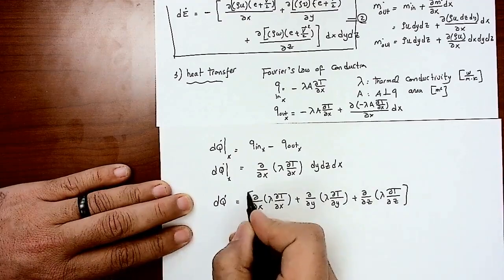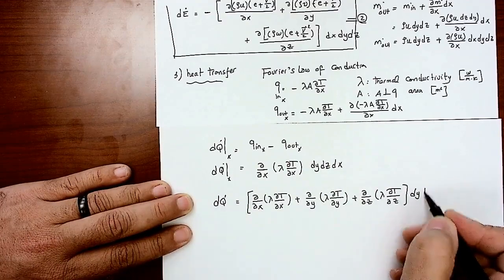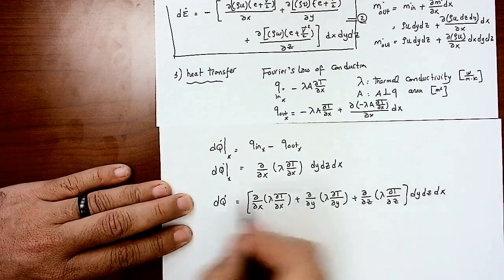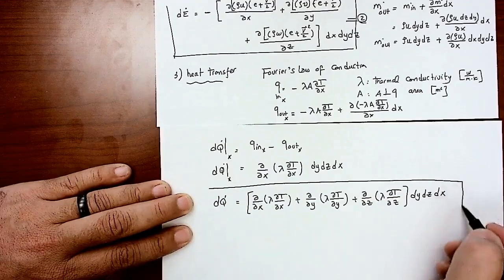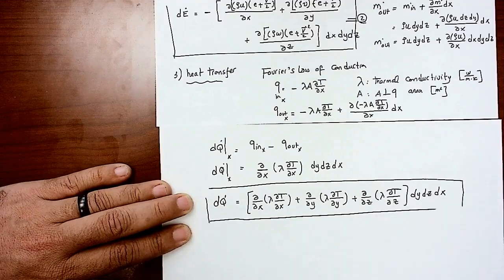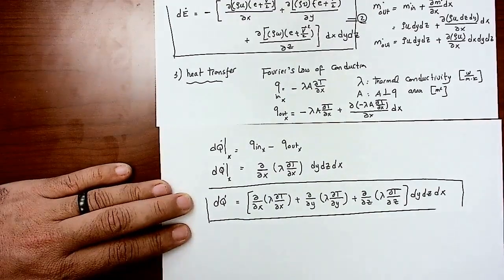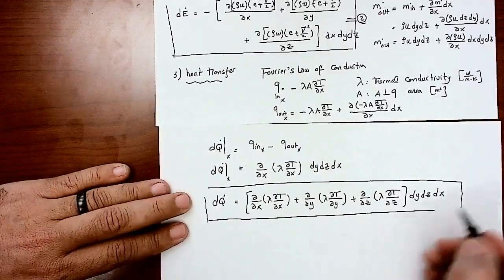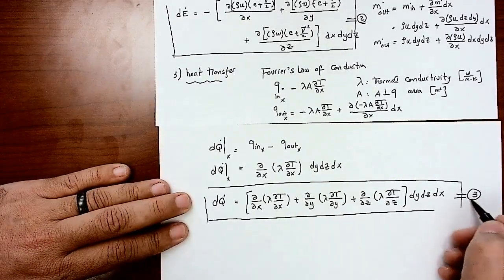And now I'm collecting dy dz dx as a common factor. I'm going to frame this, and call it number 3, I guess, right? We got 1 for dE control volume. Number 2 was for the energy carried by the mass. And number 3 will be the heat transfer by conduction here.